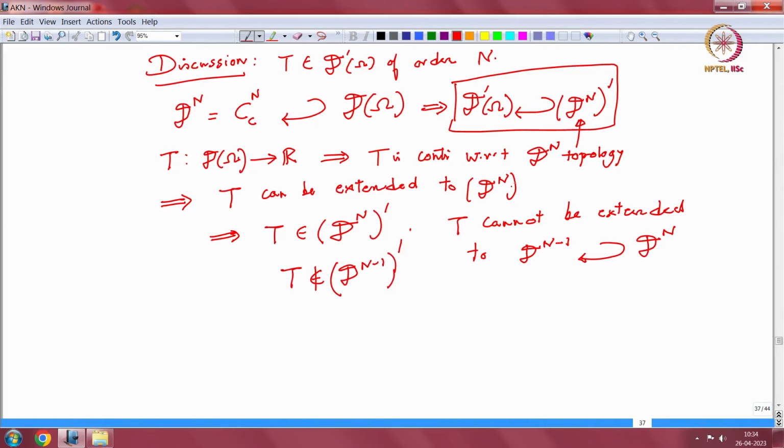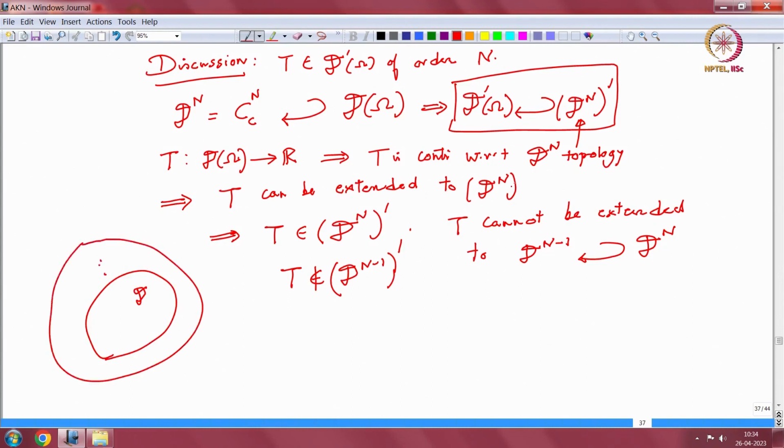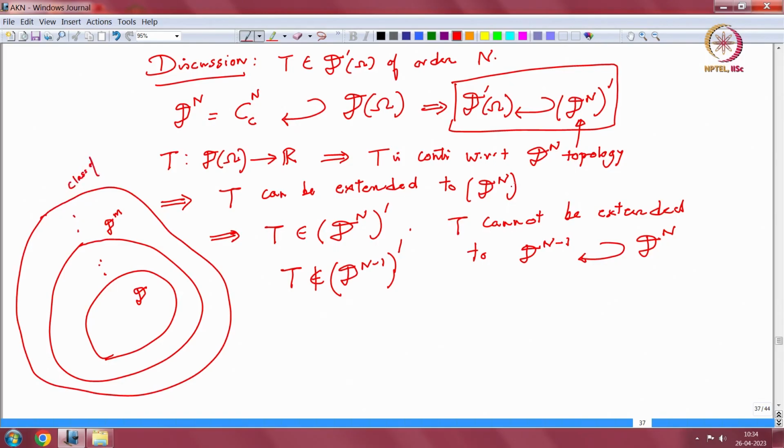So if you look at it, your D here, this is your D, then you have your D^1, then D^n, or let me put another D^m. If you go further, you will have the class of measures, Radon measures, in the sense that C_c prime, that is C_c naught.